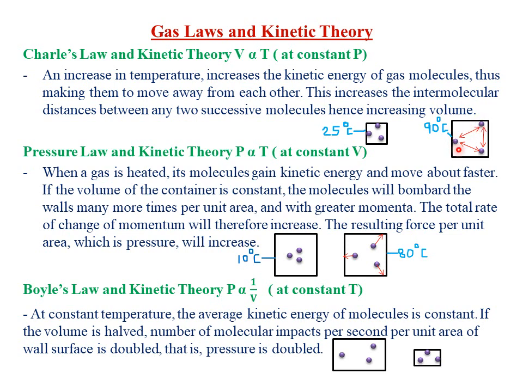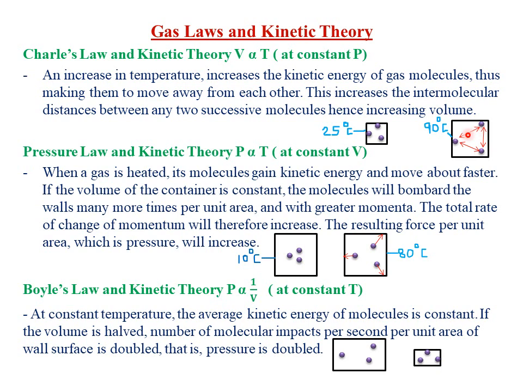Whenever intermolecular distances are increased, that simply means that the gas is going to occupy a larger space, and we said that volume is the amount of space occupied by a body. Therefore, the larger the intermolecular distances, the more space the gas will occupy, hence the larger the volume.